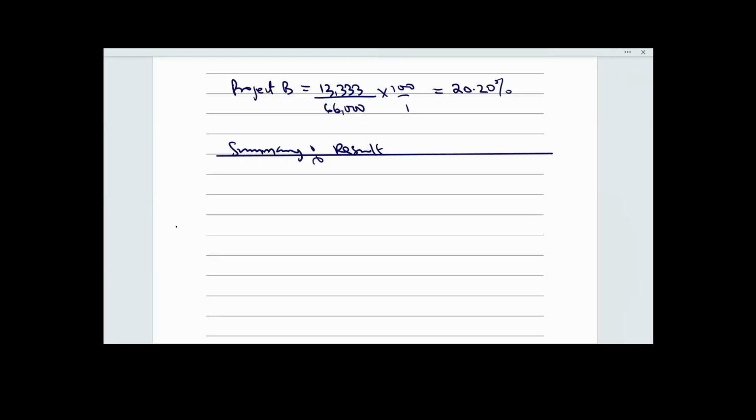So let's have the methods here. On the column are the methods. Under the methods, we use NPV, internal rate of return, payback period, then accounting rate of return.